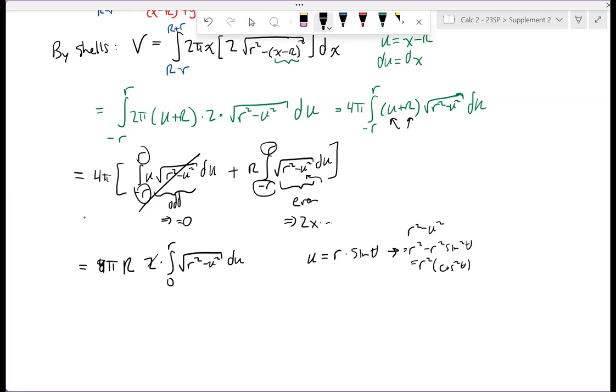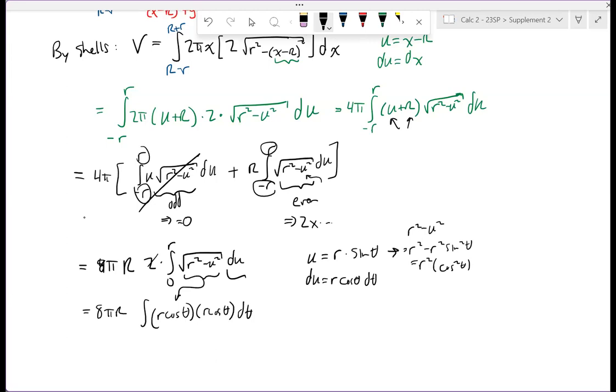And when I square root this, I just get r cosine theta. So I have an r cos theta coming from there. I have to be very careful. It's tempting to just do d theta or something like that, but really I have du here. And du is going to be r cos theta d theta. So I get another r cos theta d theta.